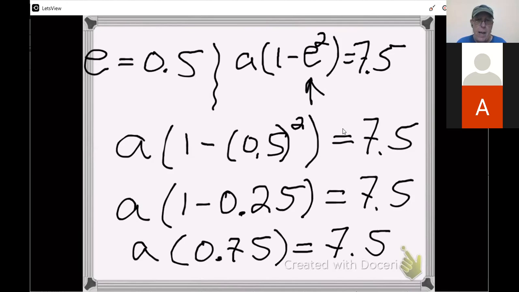Yeah. How do you solve that equation? You have to divide both sides of the equation by something. And what would you divide it by? Would you distribute the A to each side? No. This means A times 0.75 equals 7.5, right? Okay, so let's go to a new screen.